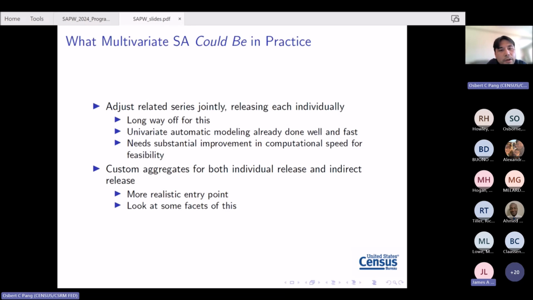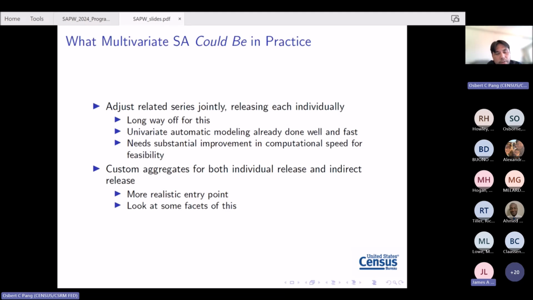Part of it is also that univariate automatic modeling is already in a fairly mature state, and it works fast. What we would need is substantial improvement in computational speeds for this to be a more feasible option.